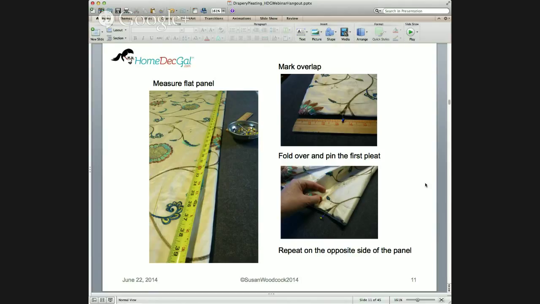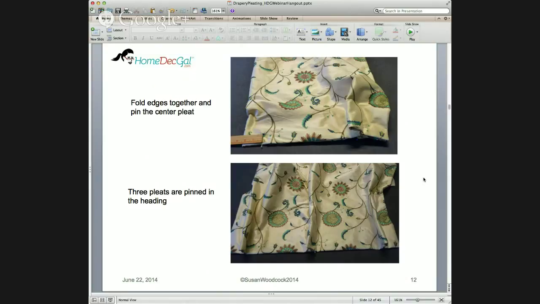Repeat on the opposite side of the panel, but instead of the overlap, that had a return. The return is going to depend on your hardware. For this one, we had a 4-inch return, and then mark that 5-inch pleat and pin it in place. And you end up with a panel with 2 pleats folded in.